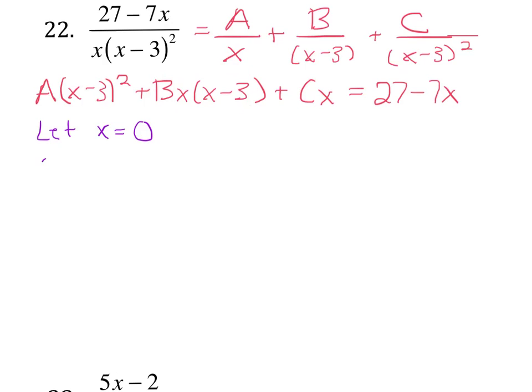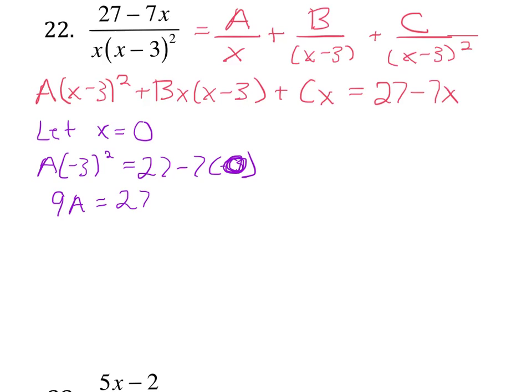So I'll get a times negative 3 squared equals 27 minus 7 times 0. Plug in 0 for x. So I'll get 9a equals 27. So a will equal 3.